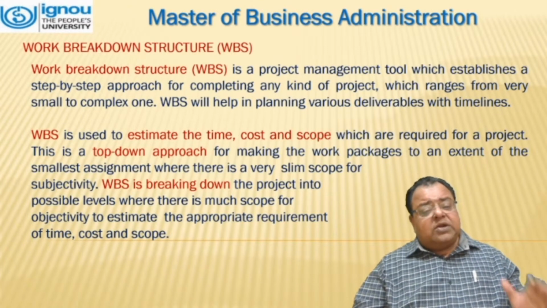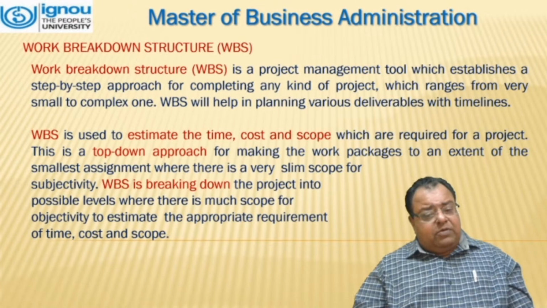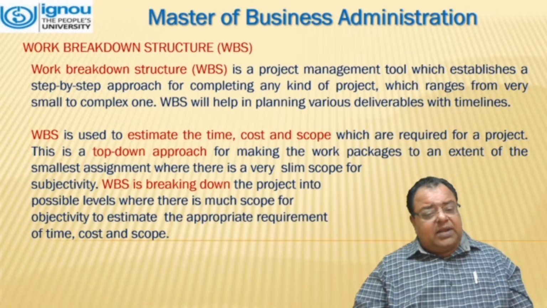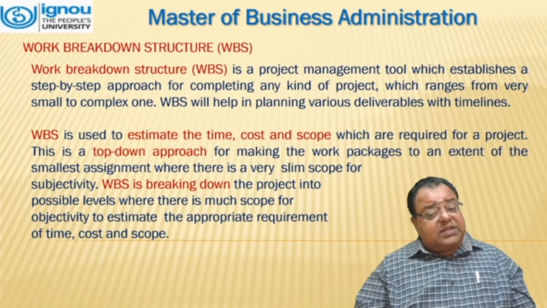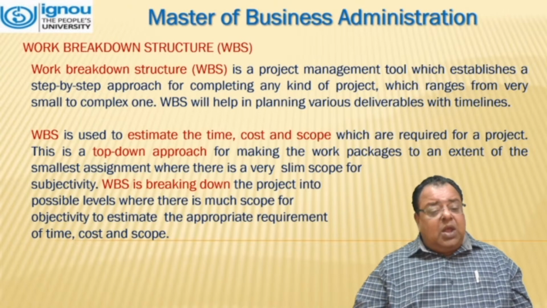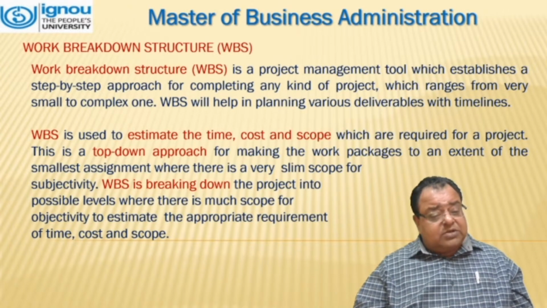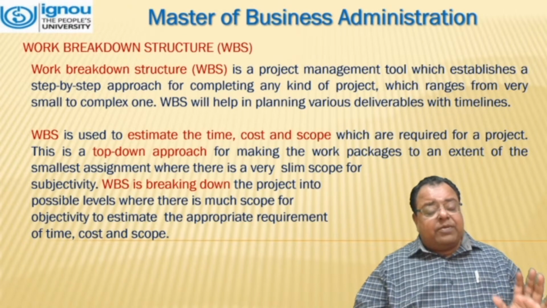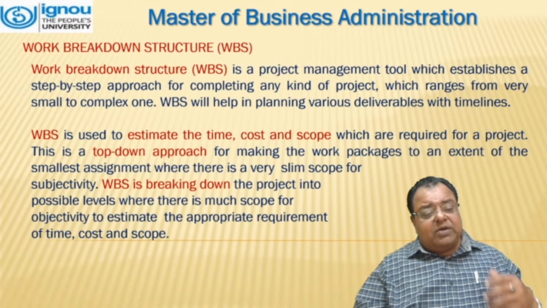This is a top-down approach for making the work packages to the extent of the smallest assignment, where there is very slim scope for subjectivity. WBS is breaking down the project into possible levels where there is much scope for objectivity to estimate the appropriate requirement of time, cost, and scope.